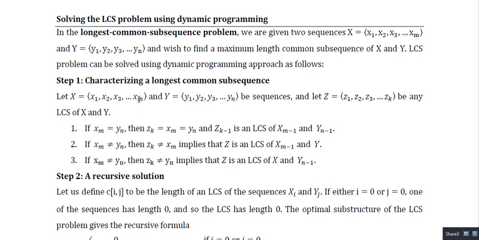If these two match, right, if that does not match, then what will happen actually? So if zk does not equal this xm, meaning the last sequence element is not equal to this xm, right, so what will we write? We will write that Z is an LCS of, we will just exclude this because this one is not matching.